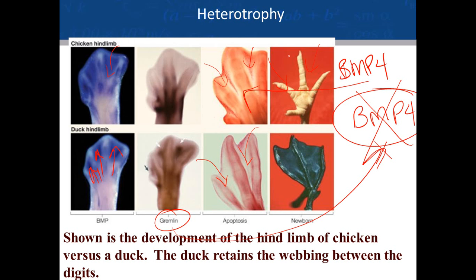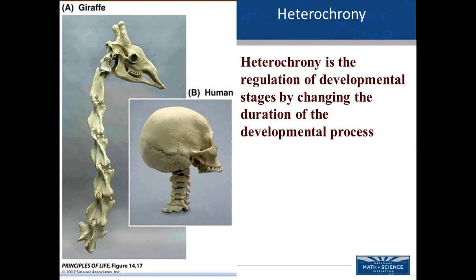All right, so now let's talk about something else that can affect development, and it's called heterochrony. Heterochrony is the regulation of developmental stages by changing the duration of the developmental process. You and I both know that a big difference between giraffes and humans is that a giraffe has a much longer neck.